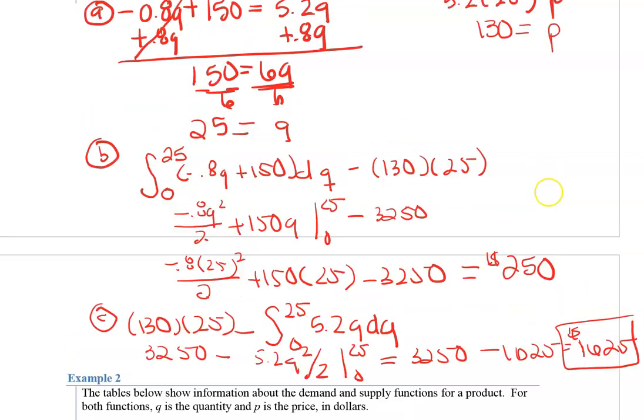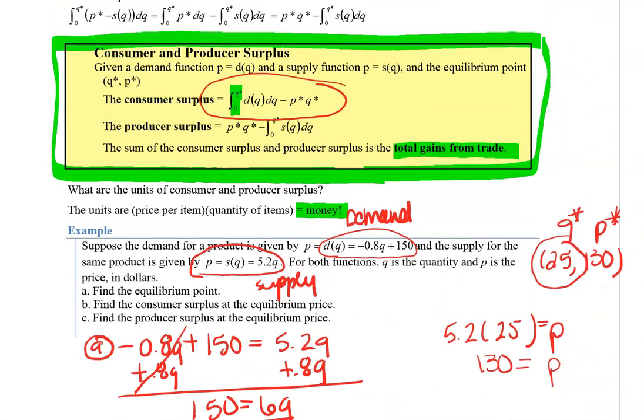Although these equations up here look kind of crazy, breaking it down, this Q star is just the equilibrium point, they call that first value Q and P. So that would be this X value here, and you can see that in this equation. Here is your demand function, and you're going to integrate with it.